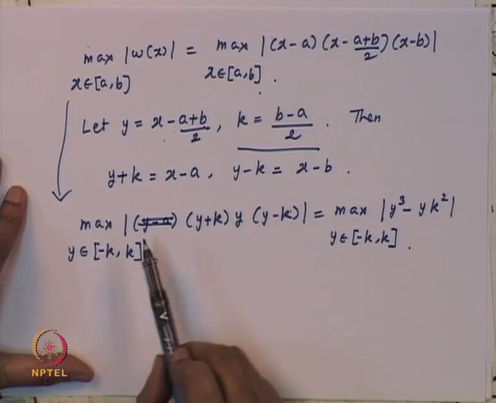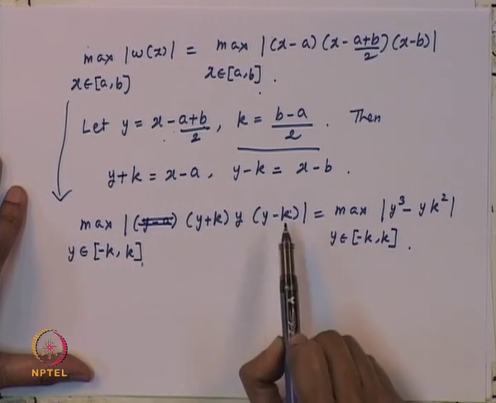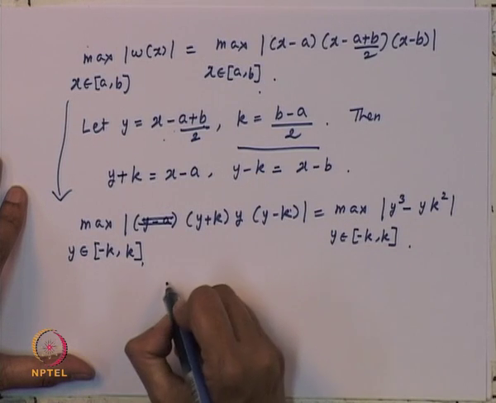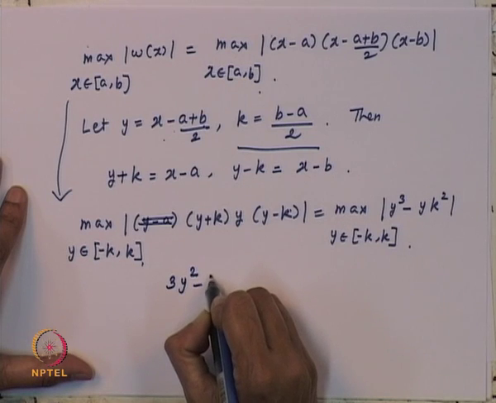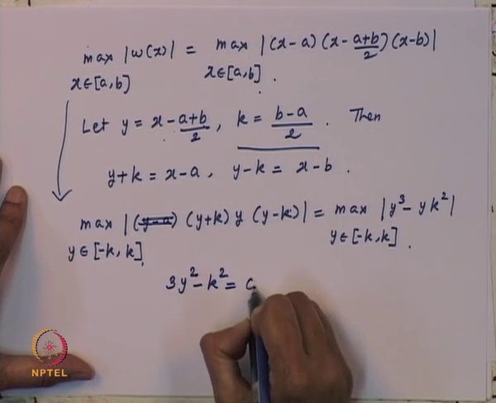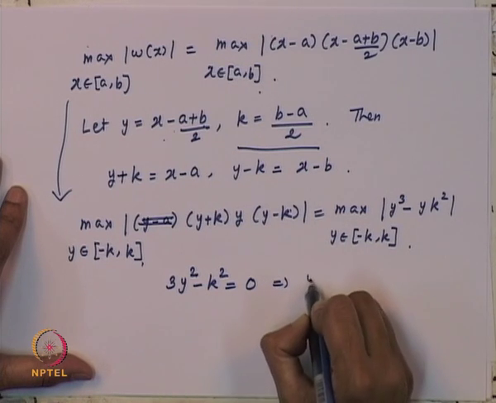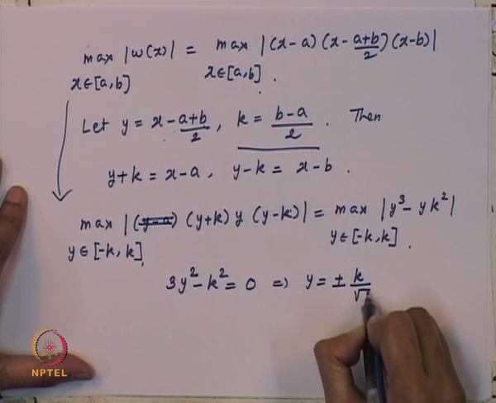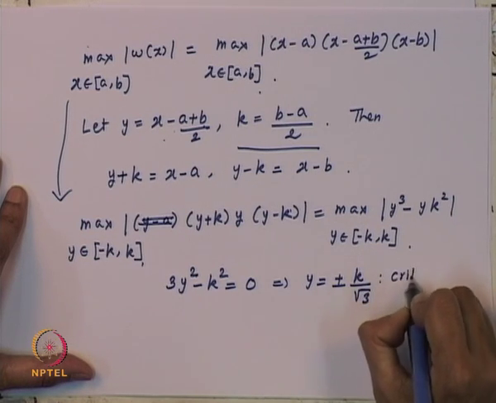This function vanishes at the two end points minus k and k. Now, let us look at the critical points. The critical points will be given by 3 y square minus k square is equal to 0. This is the derivative value. So, you get y is equal to plus or minus k by root 3.